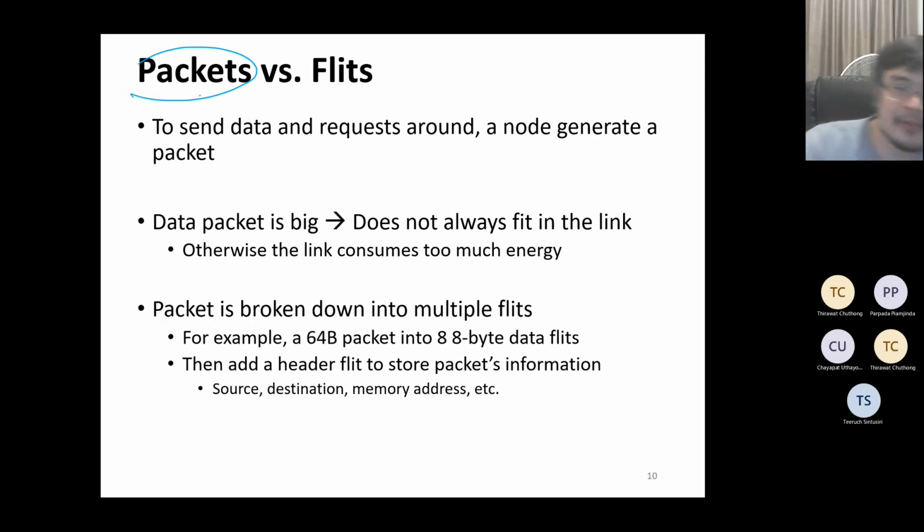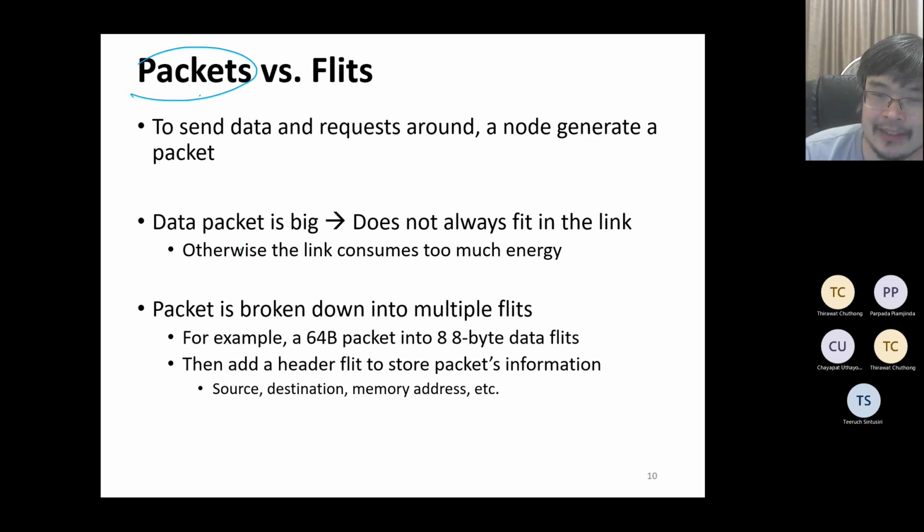So generally, the packet is broken down into multiple flits. For example, in a CPU where the cache block is 64 bytes, you would break the 64-byte packet down into eight-byte data flits.